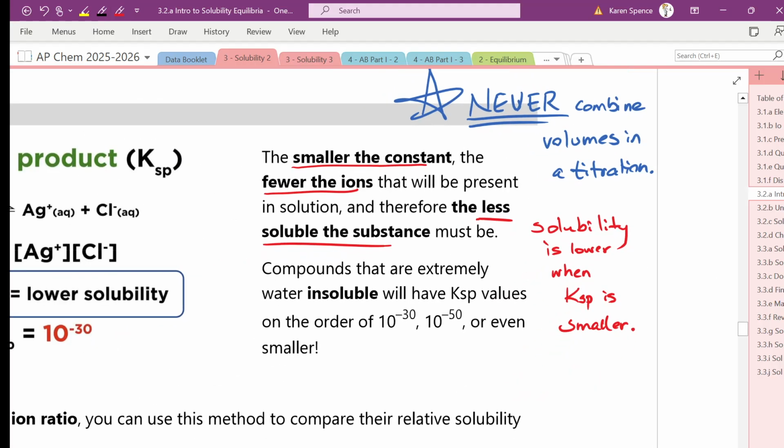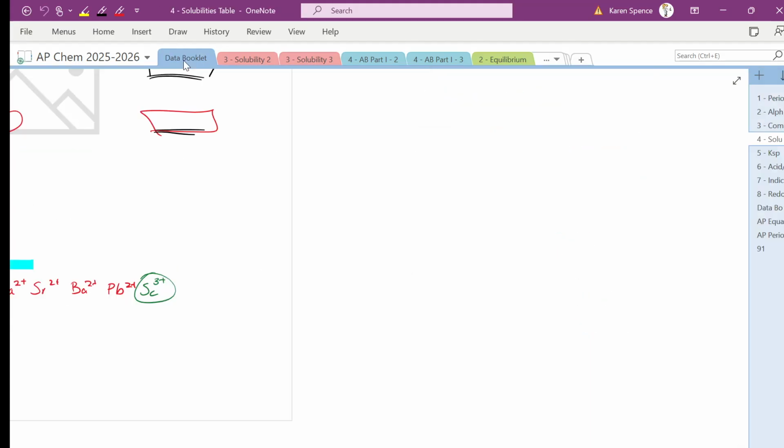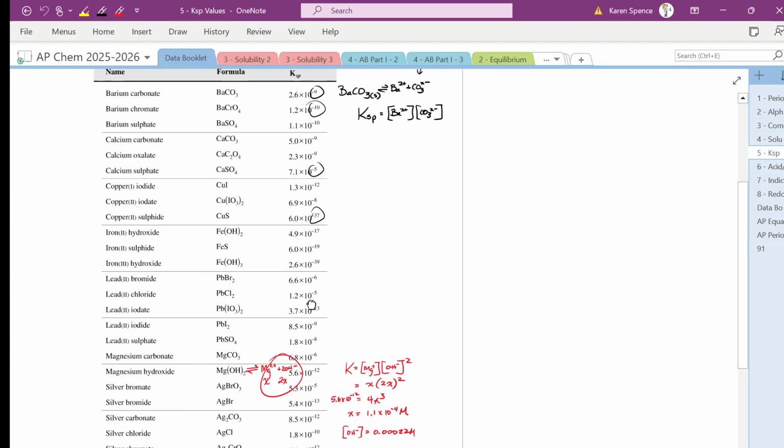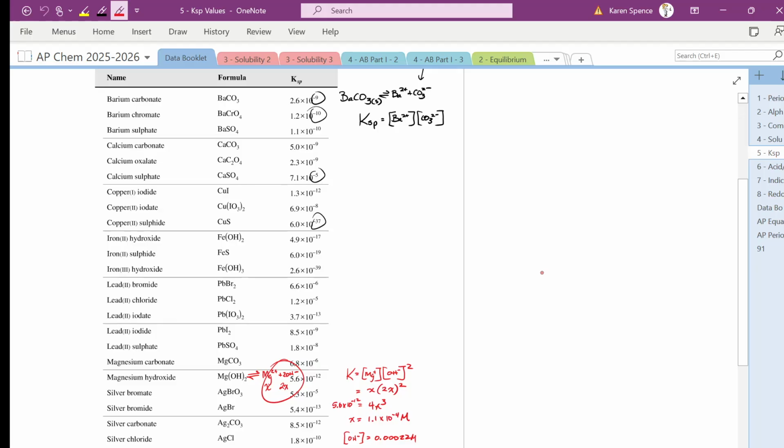Crazy. Okay, so if I give you a series of compounds and I say which is the most soluble, let's say I gave you MgCO3 and I gave you FeS and I gave you AgCl.